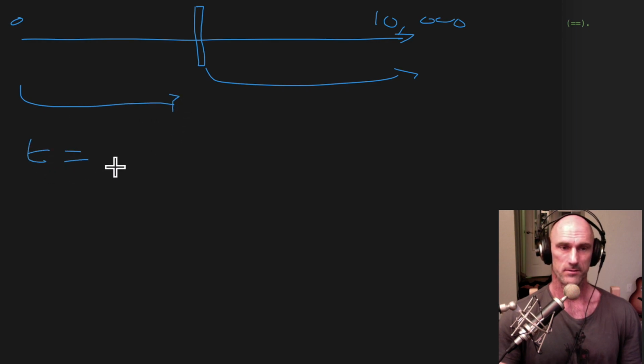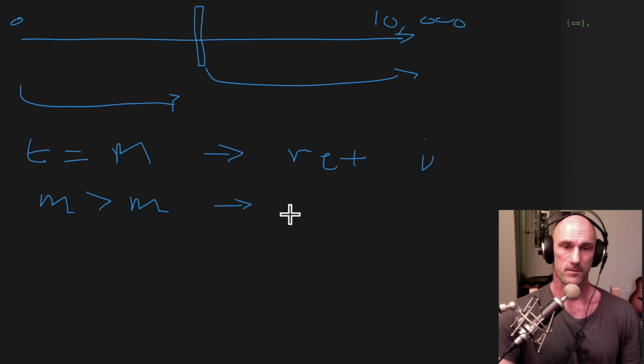Target is equal to the mid element. Okay, return target. Well, not return target. Return the index. Target is greater than the mid element. Start loop.